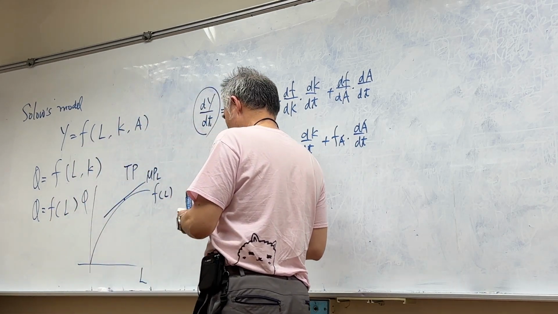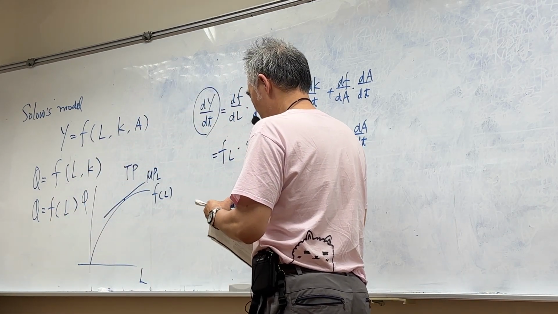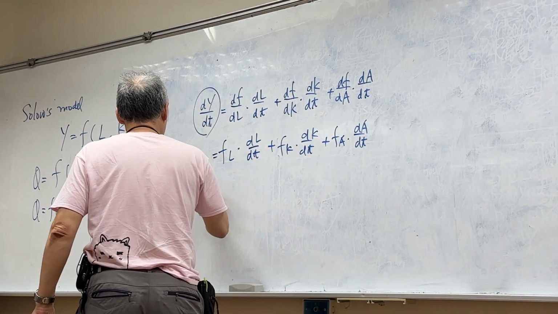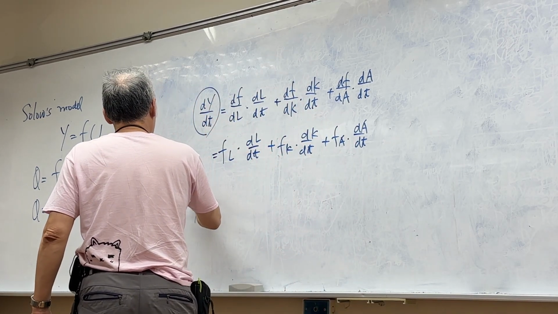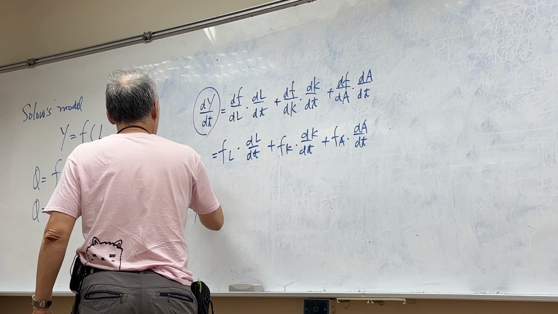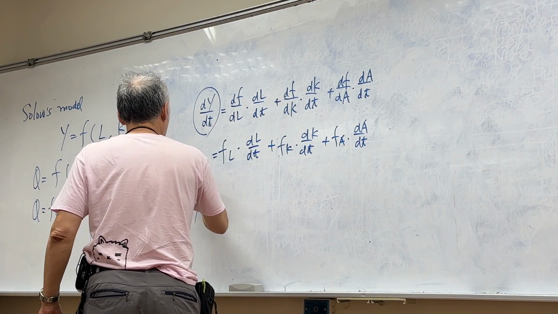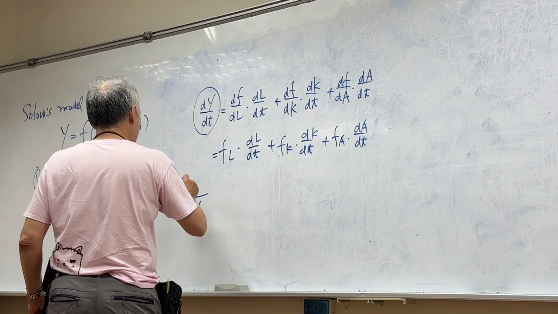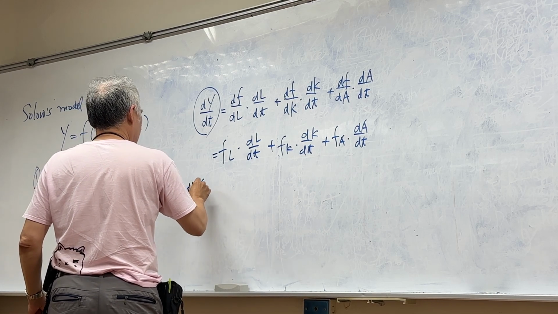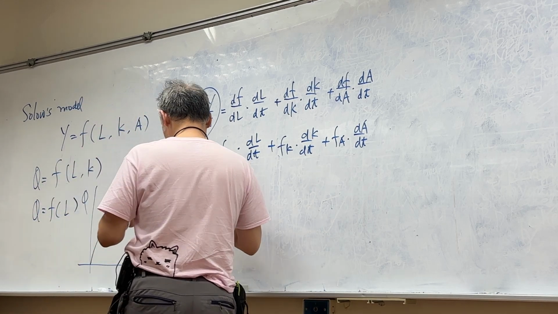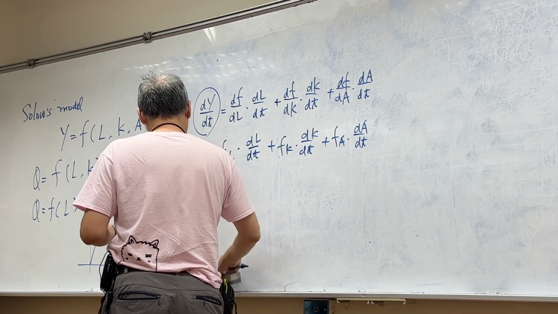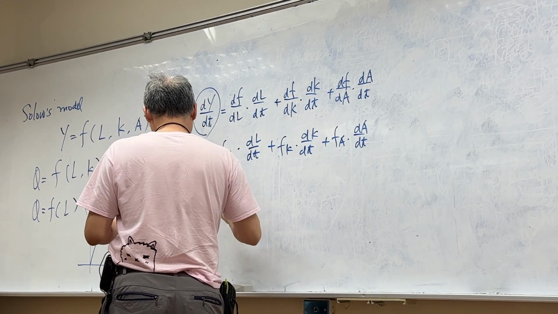And then what we're going to have? We divide the whole thing by Y, so here is going to be Y, and then dY dt. And then some more changes.